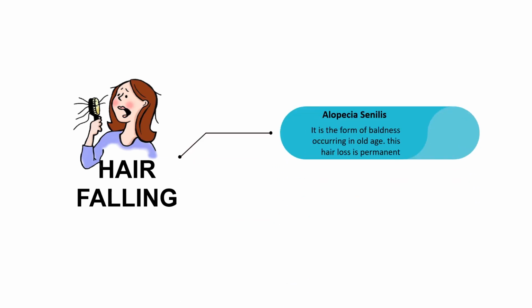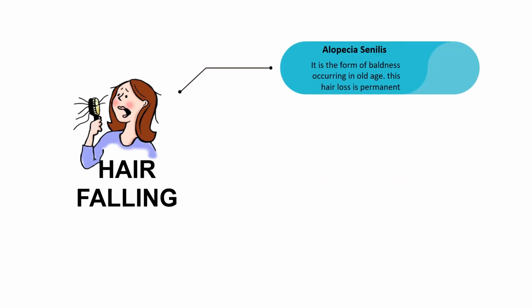Then hair falling. It is described in three major parts. The first one is alopecia senilis. It is a form of baldness occurring in old age. This hair loss is permanent. Then is alopecia premature.